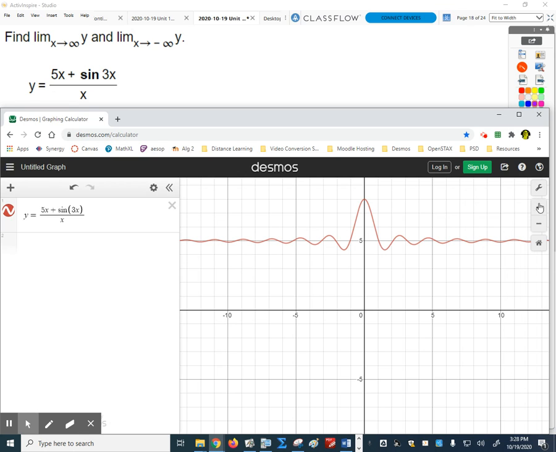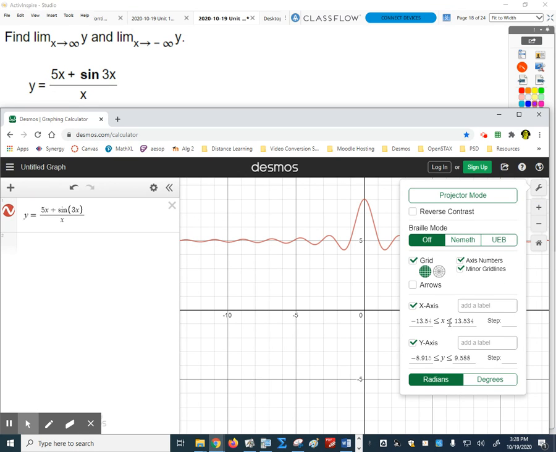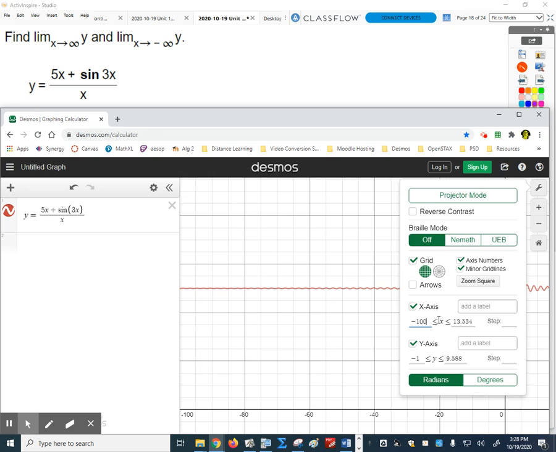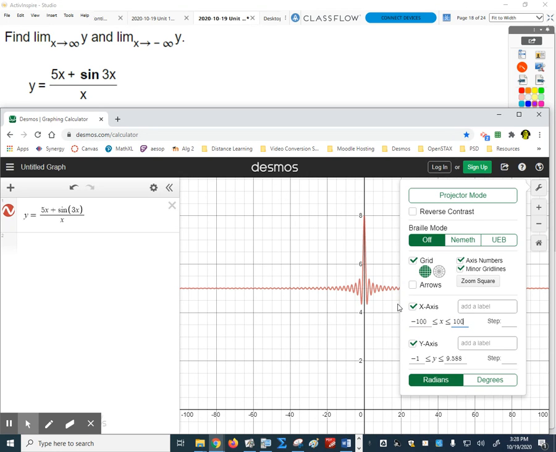If you have one that's a little harder to read, remember, you can always go up to the wrench, and I could leave the y-axis with the same limits, and even make it a little bit smaller, like from -1 up to 9 point something. And on the x, I could go from -100 to +100.